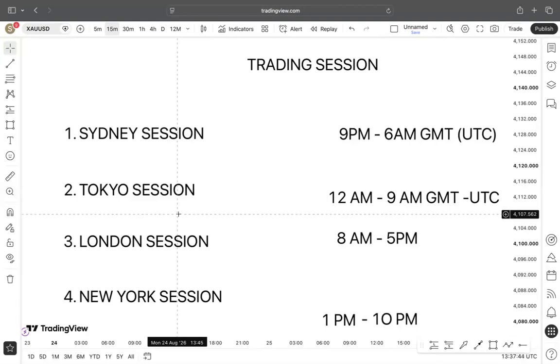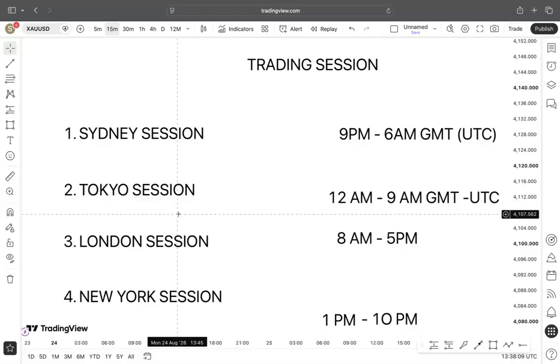So you have to check with the platform that you're using to analyze to know the time and then adjust with it. Due to daylight saving time, the opening and closing times of some sessions, particularly the London and the New York sessions, may shift by 1 hour during certain periods of the year.